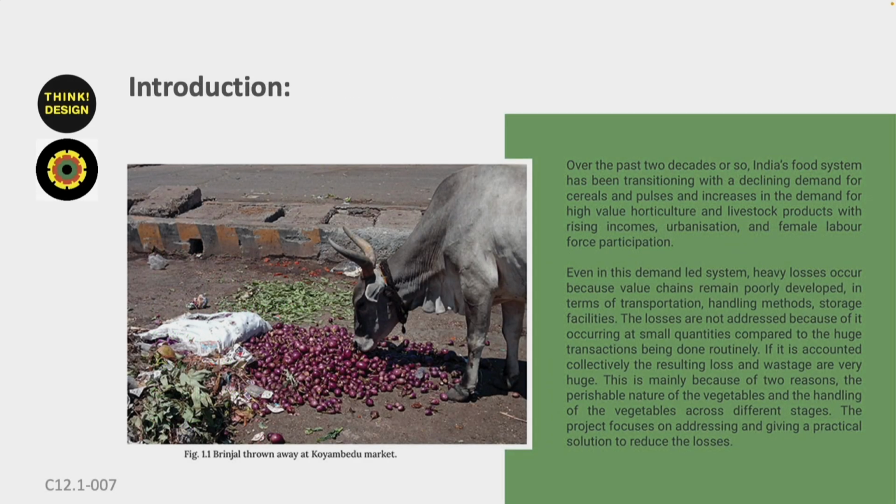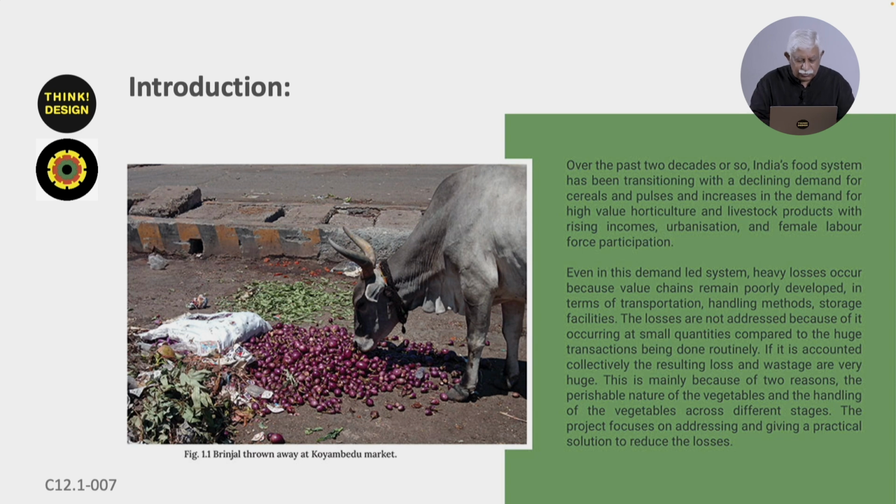Introduction: there is a declining demand for cereals and pulses and an increase in demand for high value horticulture and livestock products with rising incomes, urbanization and all that.